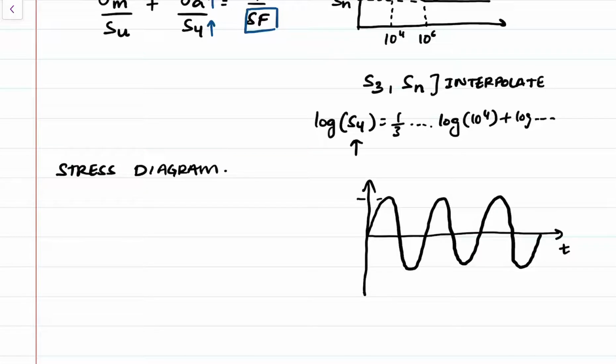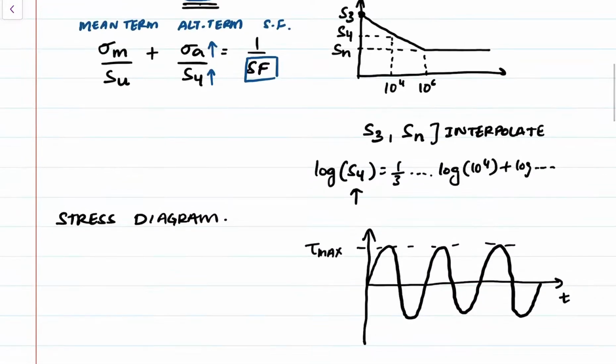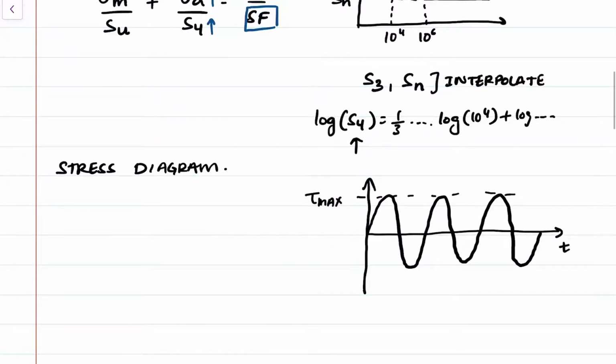And this would be your tau max. The reason I say tau is because we're dealing with shear stresses and we only have torsion. So I'm going to talk in terms of tau. Even though I wrote sigma up there, that's just to note that it's some sort of a stress. But we're going to work with tau here. And this down here is your tau min.